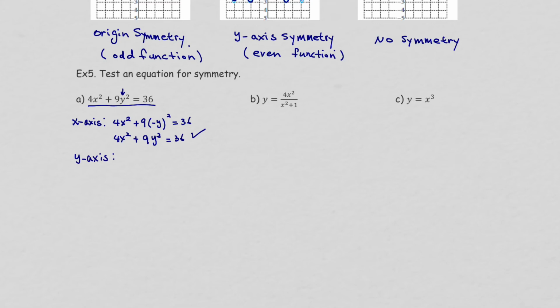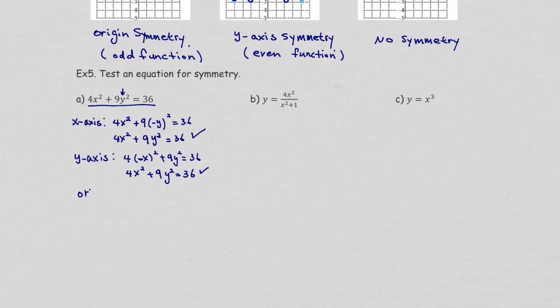You're going to let x equal negative x this time. And when you simplify it, are we going back? Let's see, negative x squared makes it positive x squared. Yep, we're going back to where we started. And that's going to be y-axis symmetry.